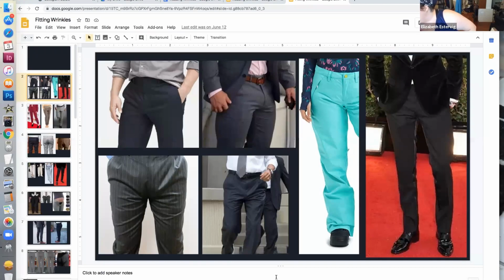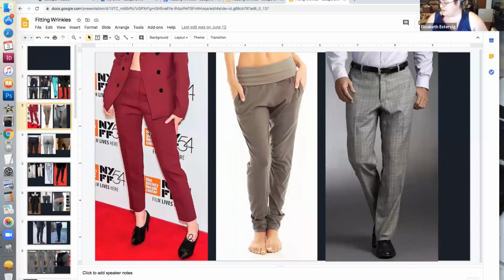I'm going to go back to some screen sharing here. Now I remember what the green dot is for. Okay, the next one we're going to look at is the opposite of that, which is a frowning crotch. You can see it best on this side over here, but that kind of pooch in the front is a very common detail in early 20th century women's trousers.